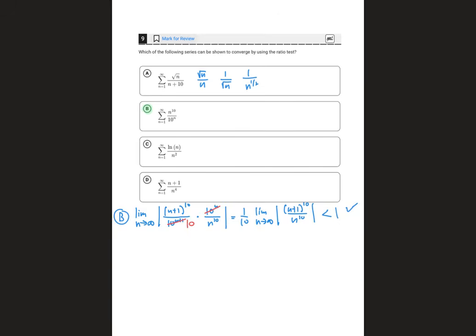Okay, so let's just look at C and D real quick. Same thing, I'm going to do the n plus first term times the reciprocal of the given.